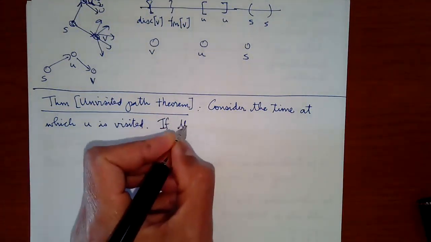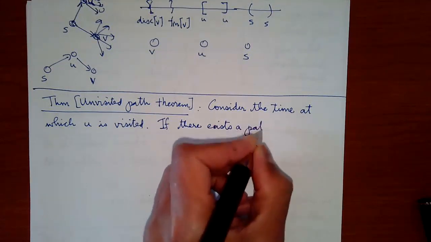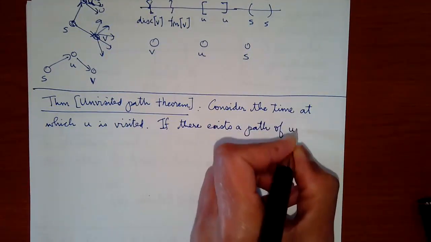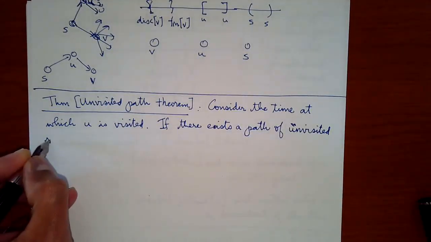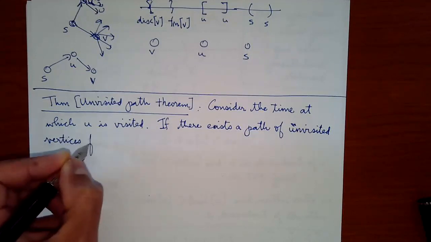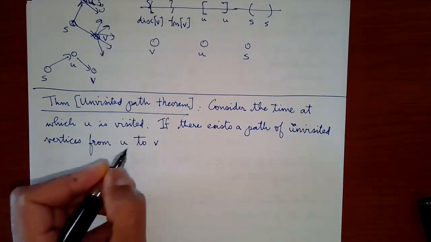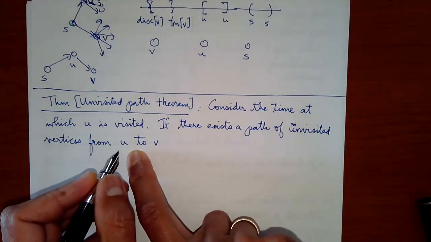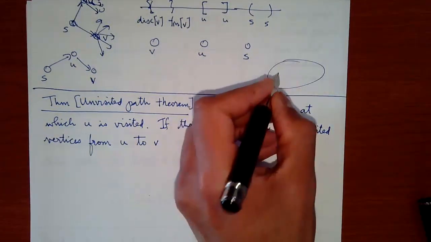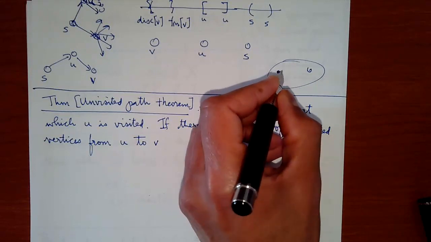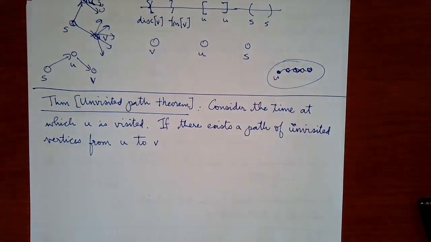If there exists a path of unvisited vertices from U to V. Although technically, U has been visited, but everything else, right? So you have your graph here. U has been visited, but there is a directed path where none of these vertices are visited.